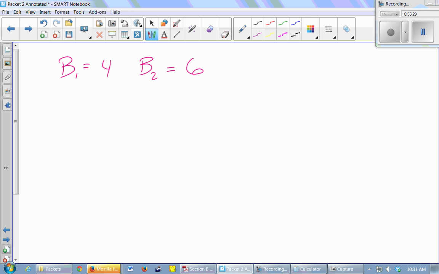If I write a recursive rule where B sub n, the nth number in the list, is twice the number right before it plus the number before that, you can't use this rule to calculate B1 or B2 because there are no numbers before it. So you can only use this rule for subscripts bigger than or equal to 3. That's all that means. That's when you use the rule.